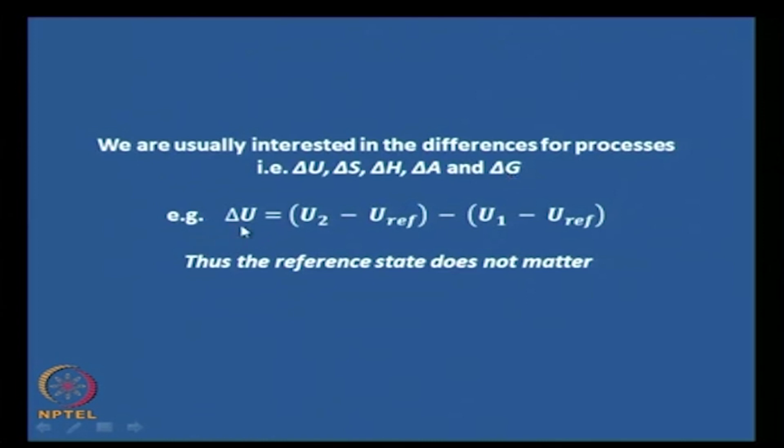Mathematically, delta U is nothing but U2 minus U reference, minus U1 minus U reference. Therefore, the U reference will cancel out whenever we are looking for delta U, and thus whatever we choose as a reference state will not really matter in the calculations. This gives us the freedom to choose whatever reference state we want in terms of processes.